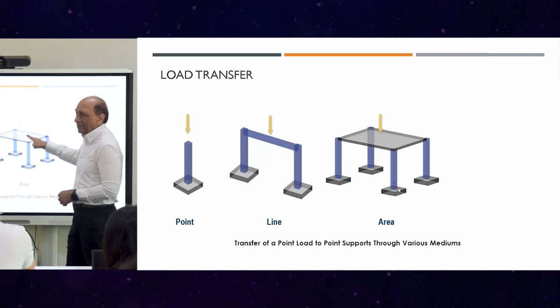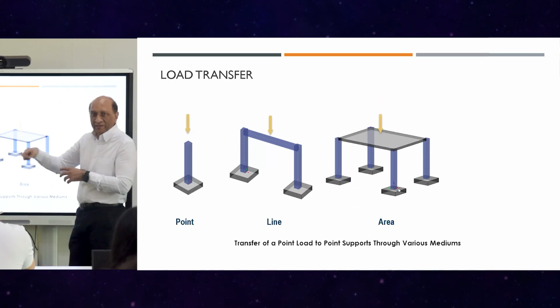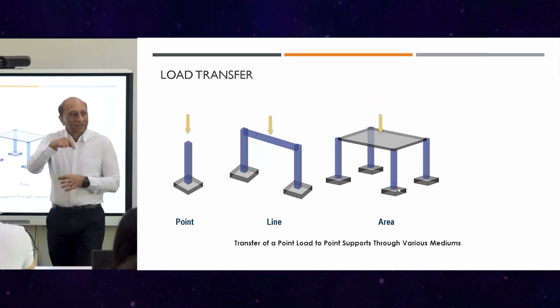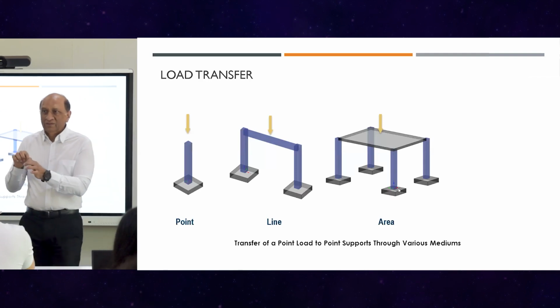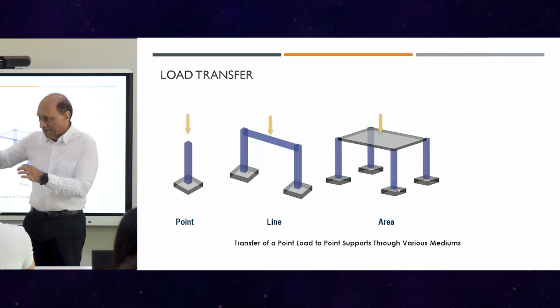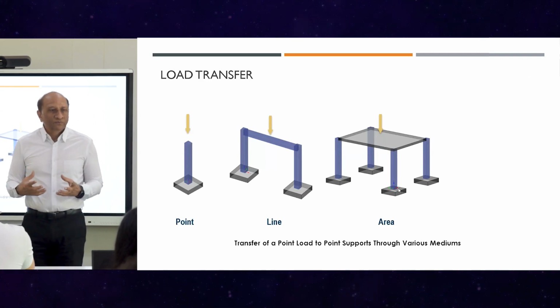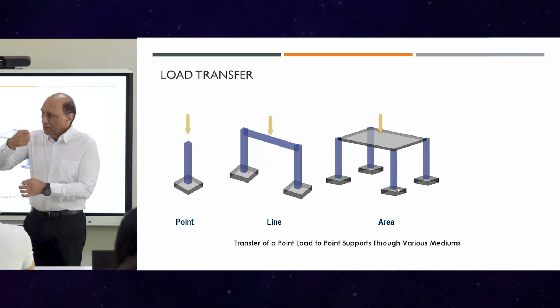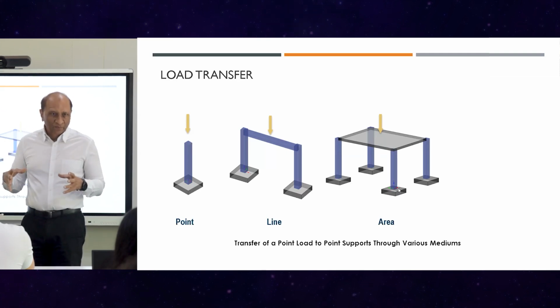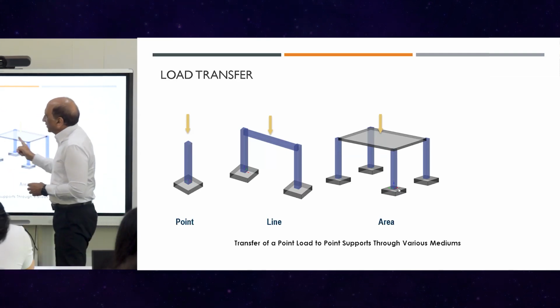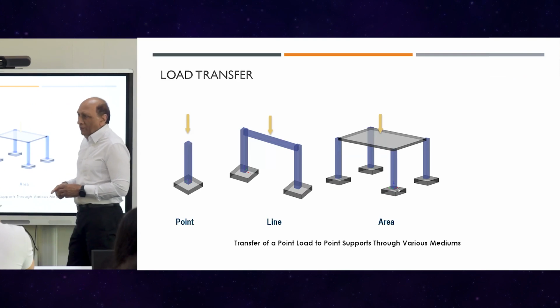You can do A over L in both directions, and you can calculate the load in all four columns based on their location from each edge. Right? This is the assumption that we use when we have a column on a pile group and things like that. So people use this basic assumption of geometry, distance, to find the equilibrium and find the loads.